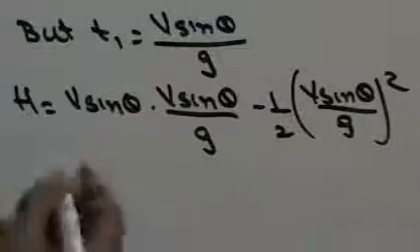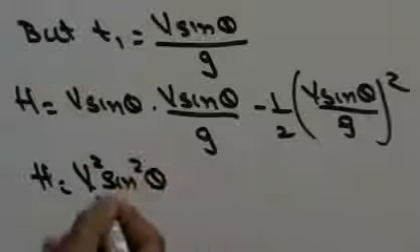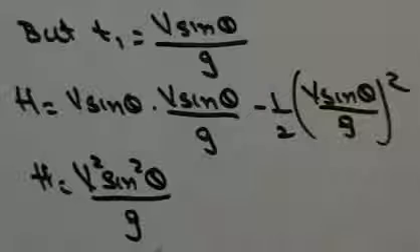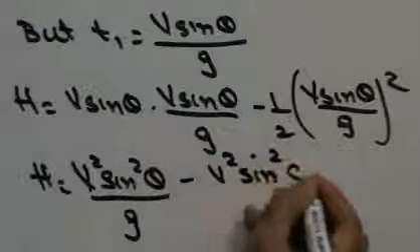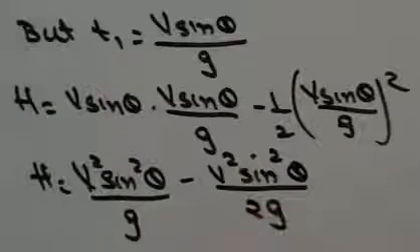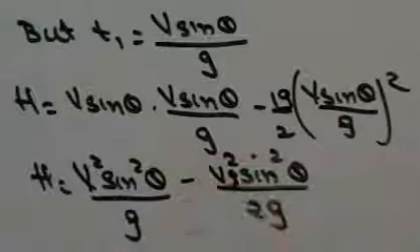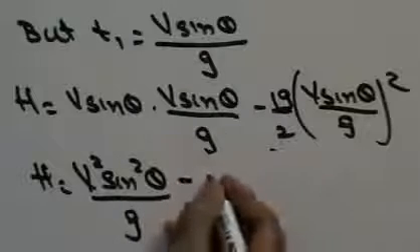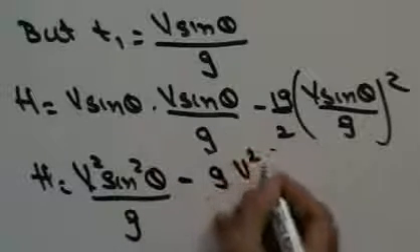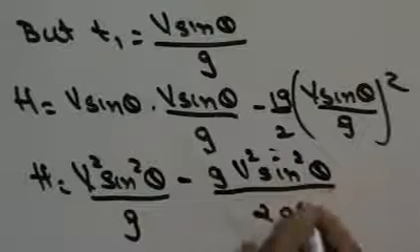So h is equal to v square sin square theta upon g minus g v square sin square theta upon 2 g square.